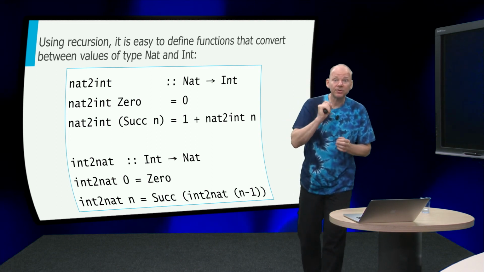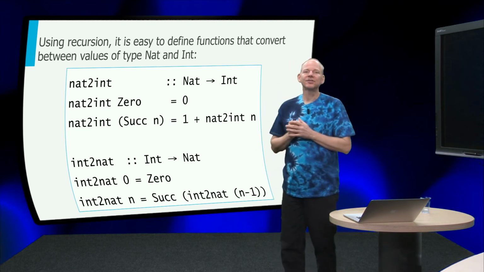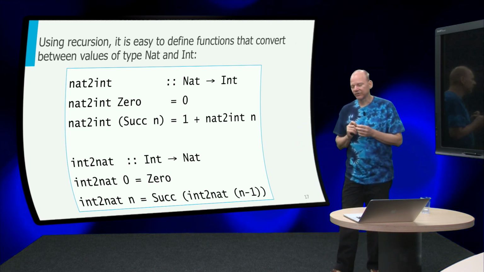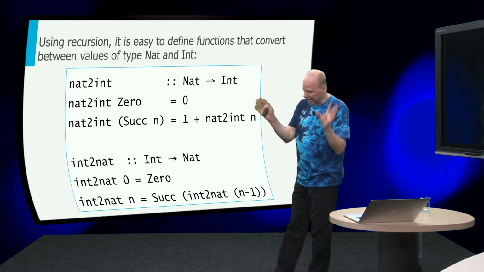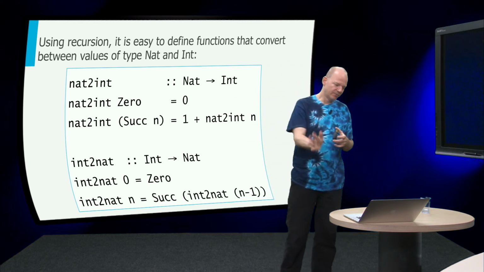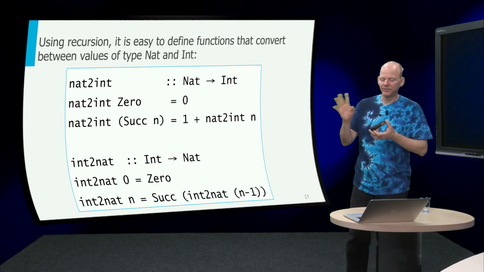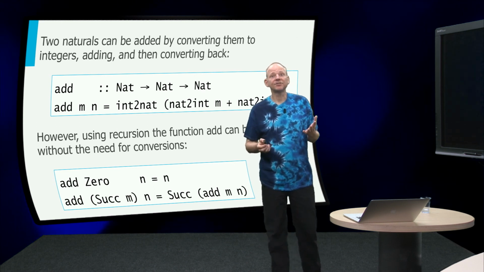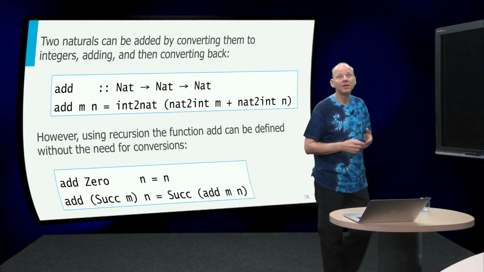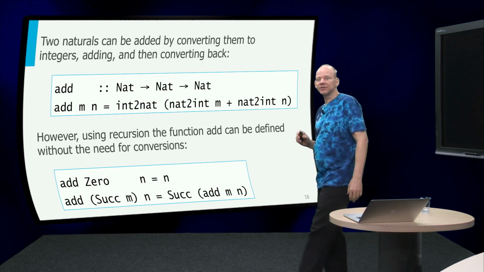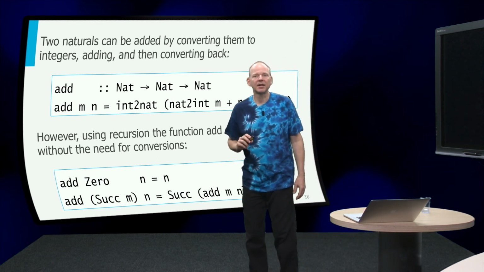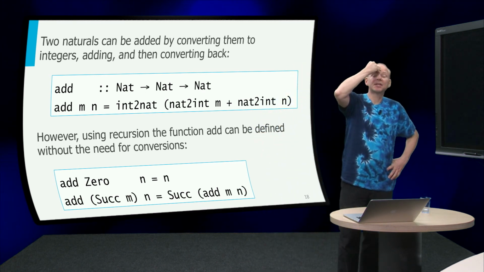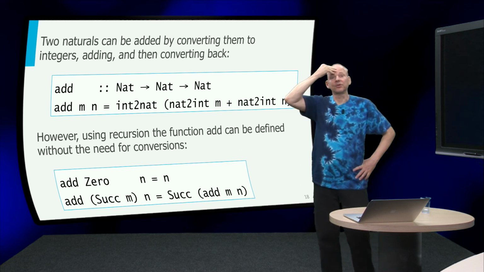Now you can try to prove that these functions are inverses, and then you can show that Nat is isomorphic to Int. Of course, we're sweeping the fact that there are bottoms involved here under the carpet. Given two naturals, we can add them up by first converting them to integers and then converting them back to Nats. That's pretty brute force, right?